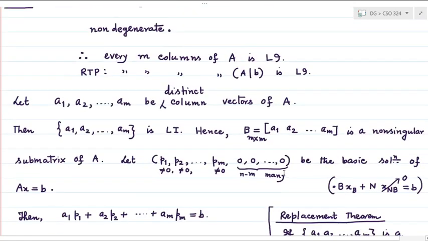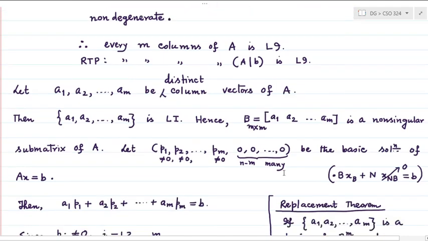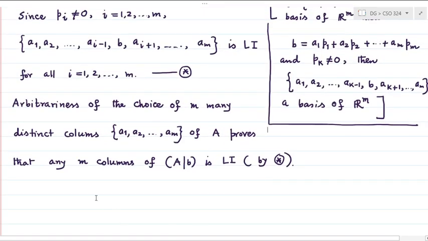Fine. Now let us prove the reverse: we are assuming that any set of m columns of the augmented matrix is linearly independent. We will prove that there exist NCM number of basic solutions and all of them are non-degenerate.